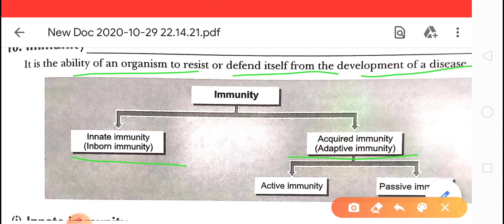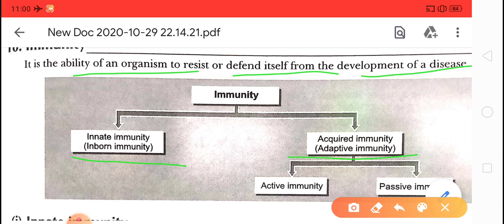Then to get relief from the poison, we take the antitoxin. The antitoxin has ready-made antibodies. These antibodies are not generated by our body; they are prepared in the laboratory and then injected into the person.